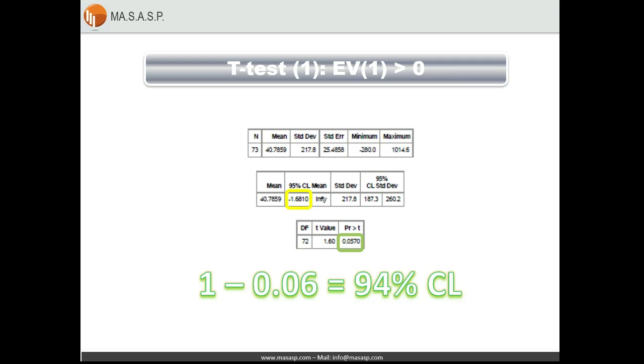Well, let's go now to the second t-test, that referred to as the difference of means test.